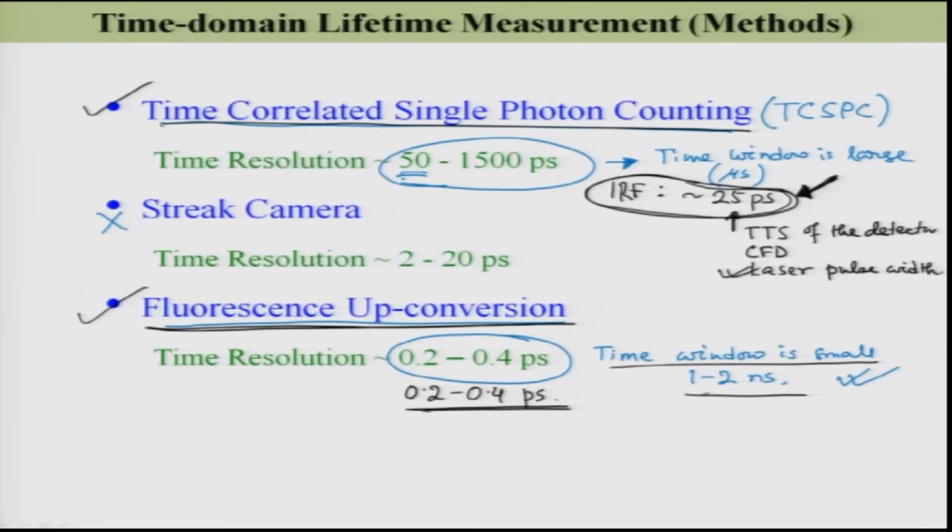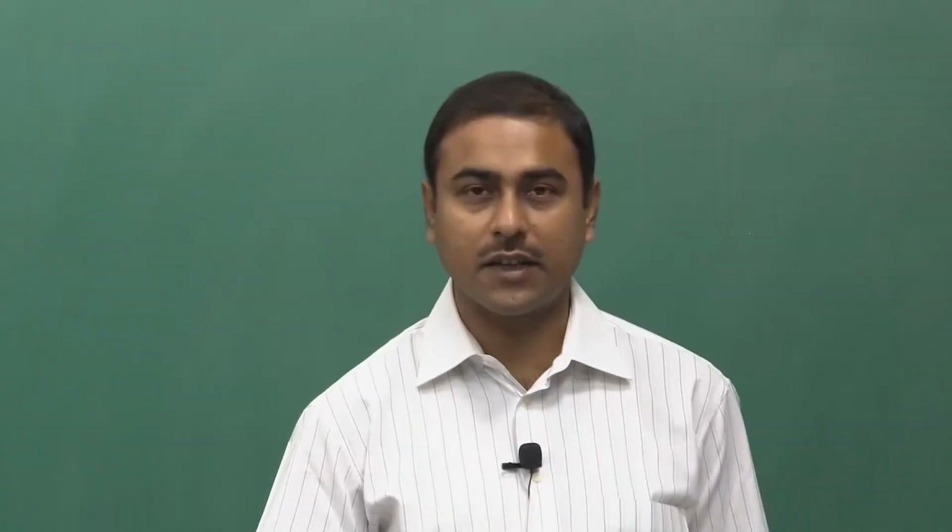Even if I change the laser pulse width from 20 picosecond to 20 femtosecond, I have already shown you that there will be no change in the IRF, because this IRF is mostly guided by these two. And you cannot buy a better detector than the one that has been used to get this 25 picosecond IRF.